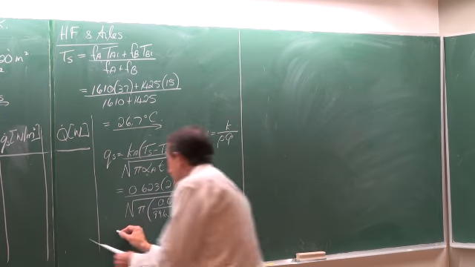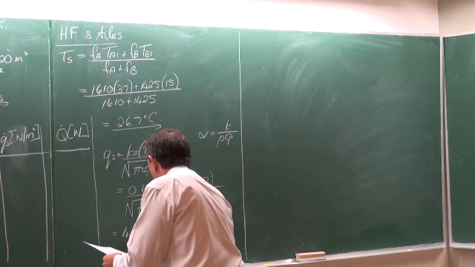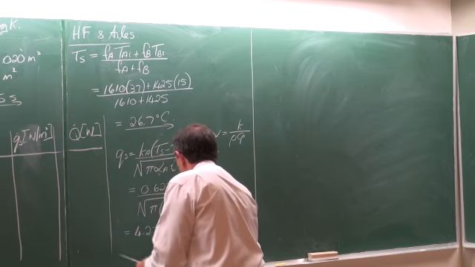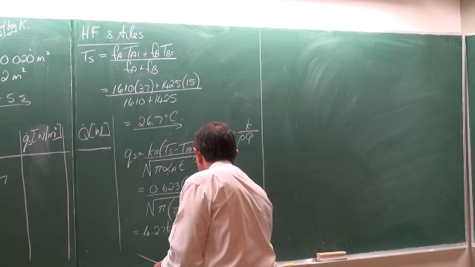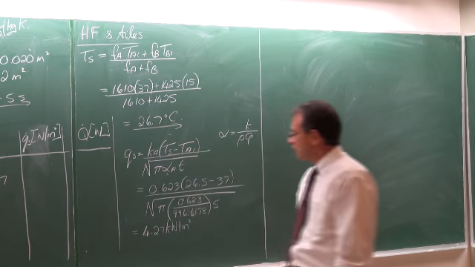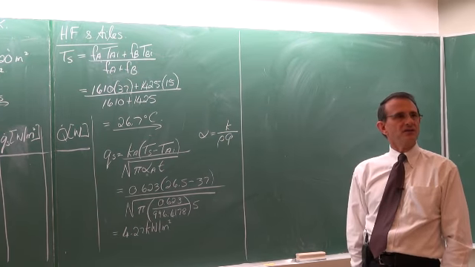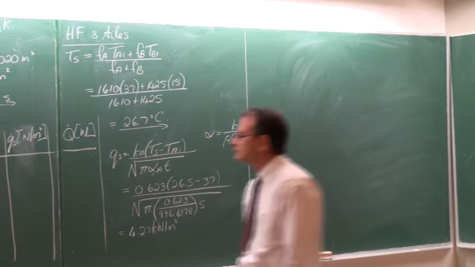Okay, and if we calculate the heat flux, it would be equal to 4.27 kilowatts per square meter. So it's 4,270 watts per square meter.